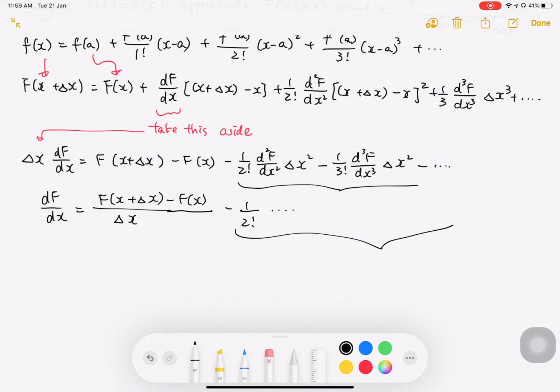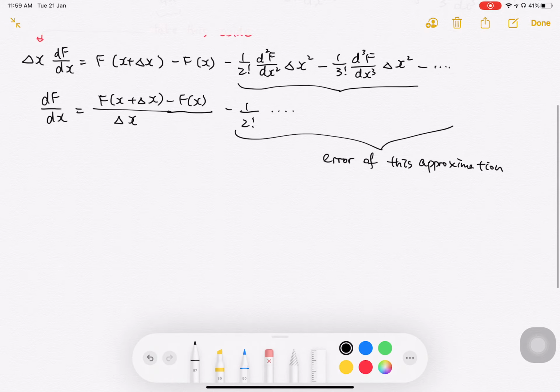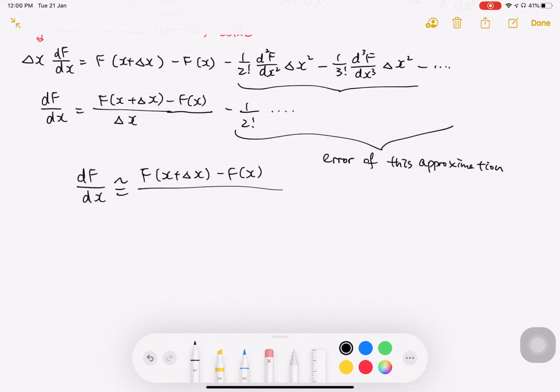So these are the error of this approximation. The approximation is just the first term in here on the right. This is how we arrive at this difference equation.